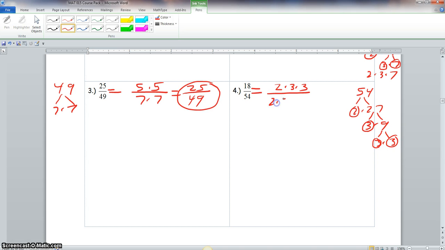So we have 2 times 3 times 3 times 3. Now if you notice here, we have a set of 2's and 2 sets of 3's that are in common. Now I told you all before in class, whenever everything simplifies out in your numerator or denominator, that equals 1. You do not leave that blank. And in our denominator, we had 3. So our final answer here is 1/3.